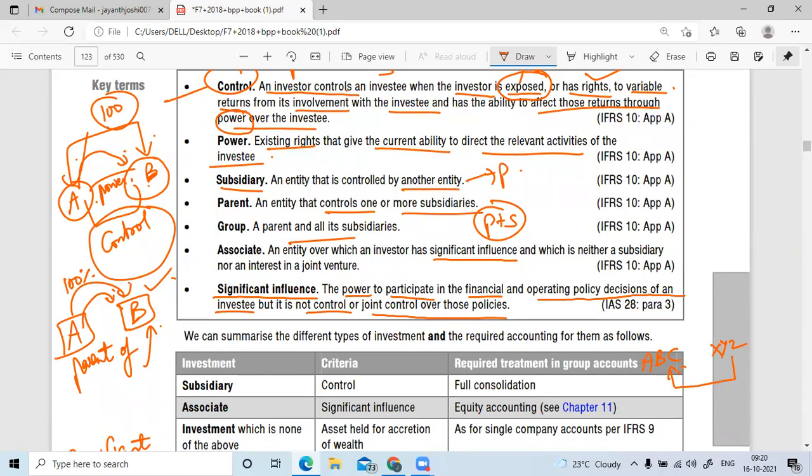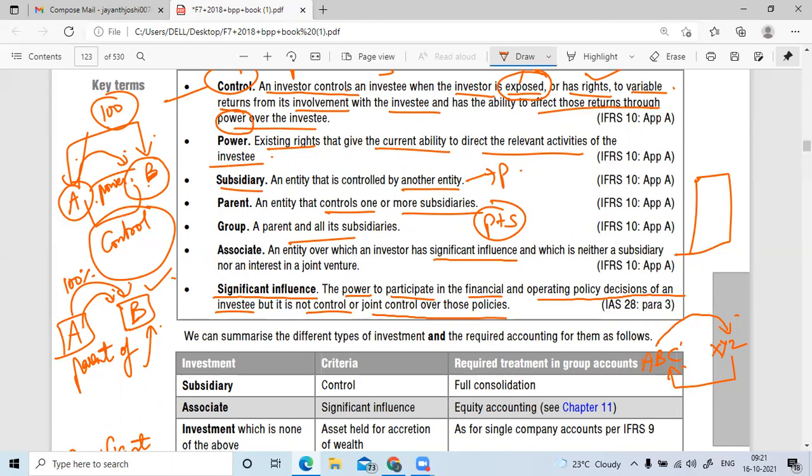They have the power to participate in the financial and operating policy decisions of XYZ. Whenever there is a meeting where decisions on financial or operating policies have to be made, ABC has the power to participate and get involved in the decision making.